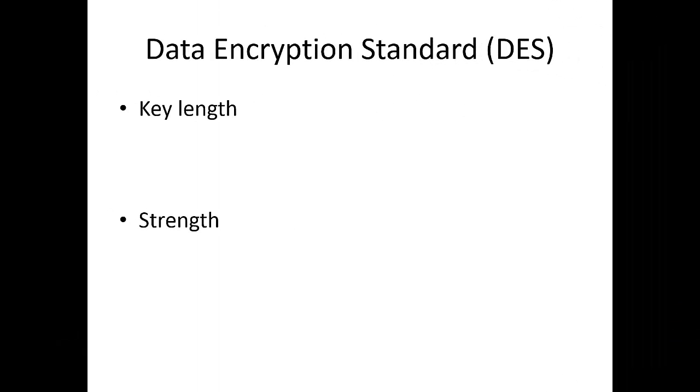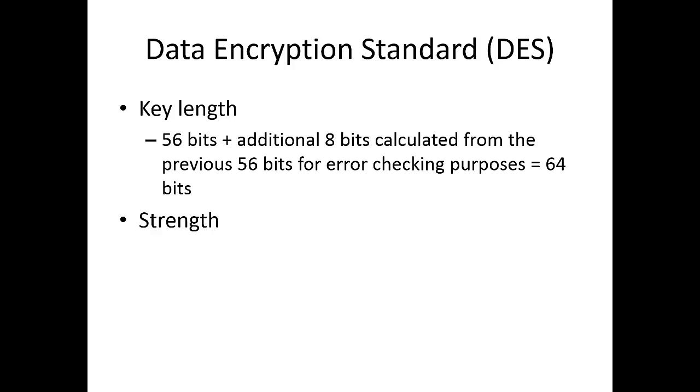The next very well-known symmetric key encryption standard is the Data Encryption Standard, or DES. So DES uses keys that are 56 bits long, and then typically they add 8 additional bits calculated from the previous 56 bits for error checking purposes.